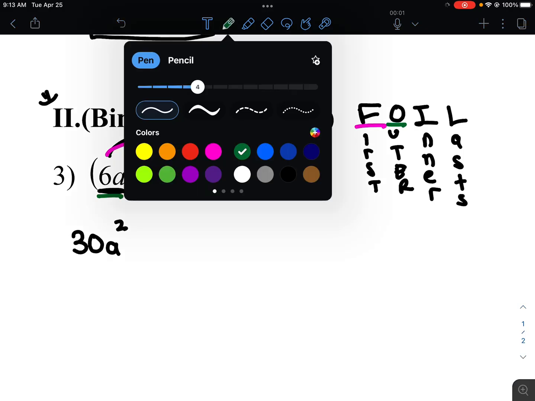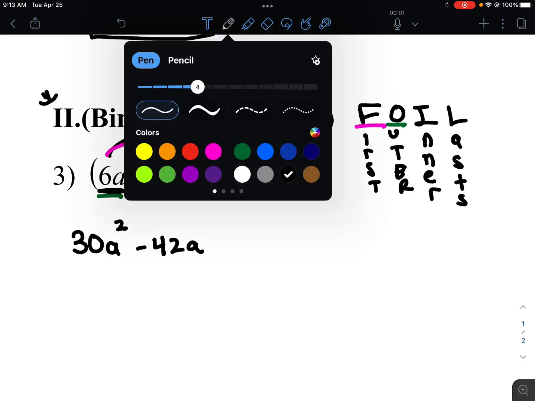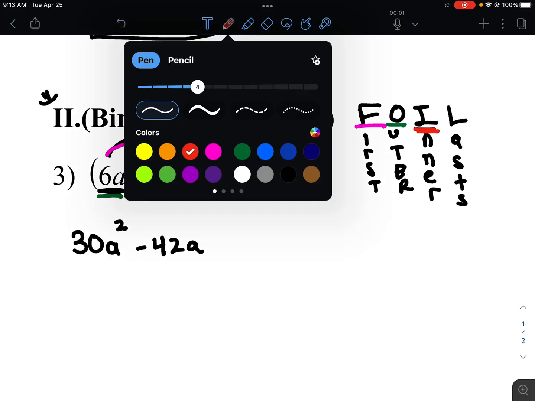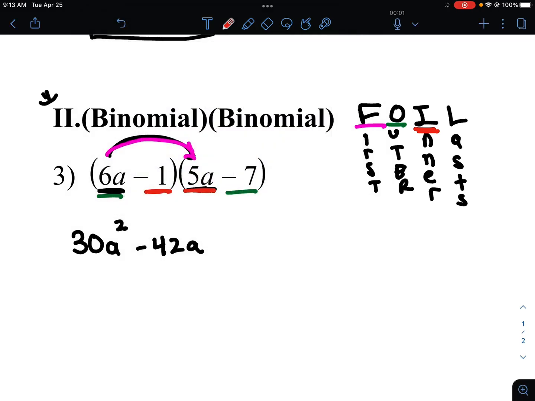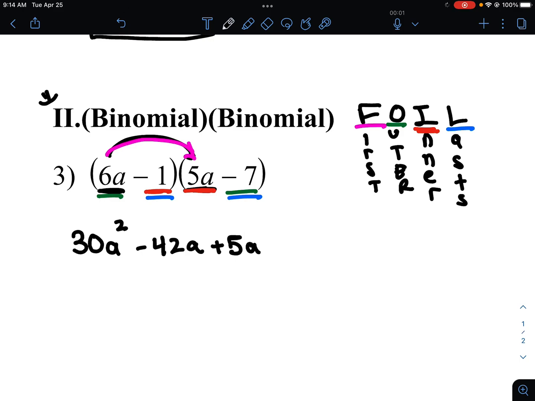Multiplying those together gets you negative 42a. Then we look at the inners. So negative 1 and 5 are the inner terms, and we multiply those together, and that gives us positive 5a.